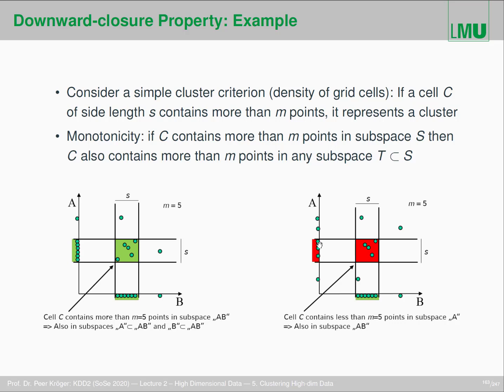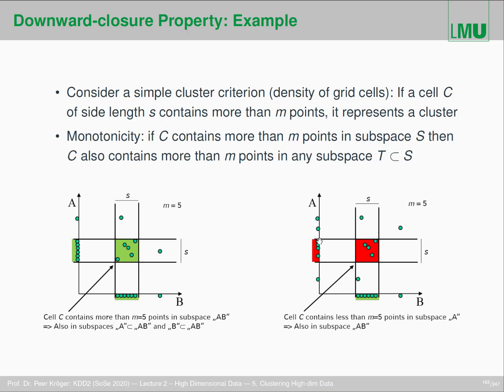Even if I merge this one-dimensional interval with this one here to form a two-dimensional grid cell, and this one is dense, containing more than 5 points, this one contains only 4 points. So only 4 of those points can be in this A interval. This is the inverse implication of this monotonicity criterion.